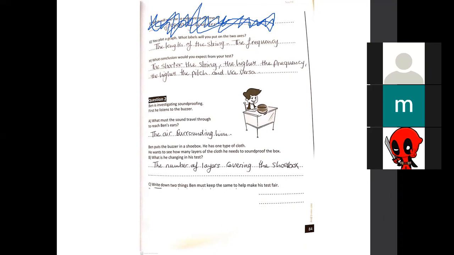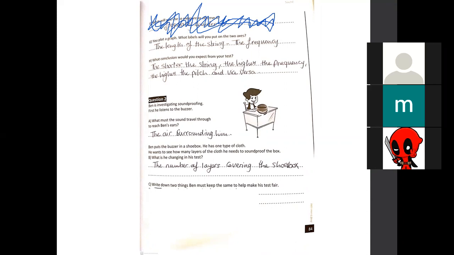So he will keep the same the material of the cloth. If he has several types, will he choose all those types? No, it needs to be fair. So he's going to choose only one type, right? Yes. Okay, what else is he going to keep the same?